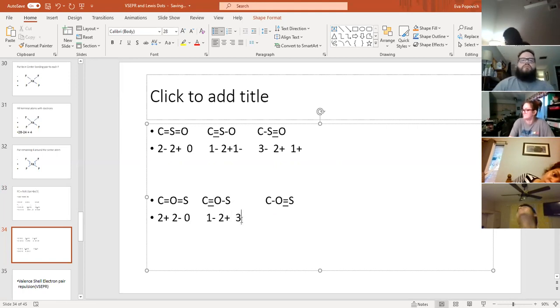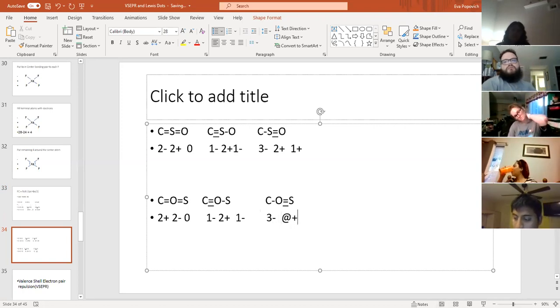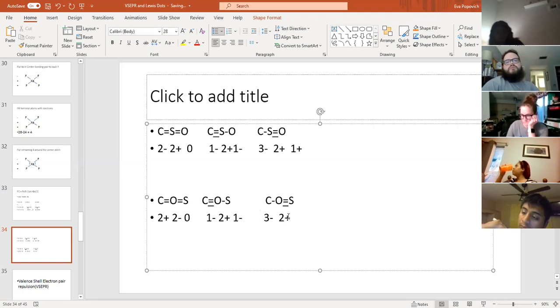And this is going to be a 1 minus. 4 minus 6 plus 1. This is going to be a 2 plus. And this is going to be a 1 plus.